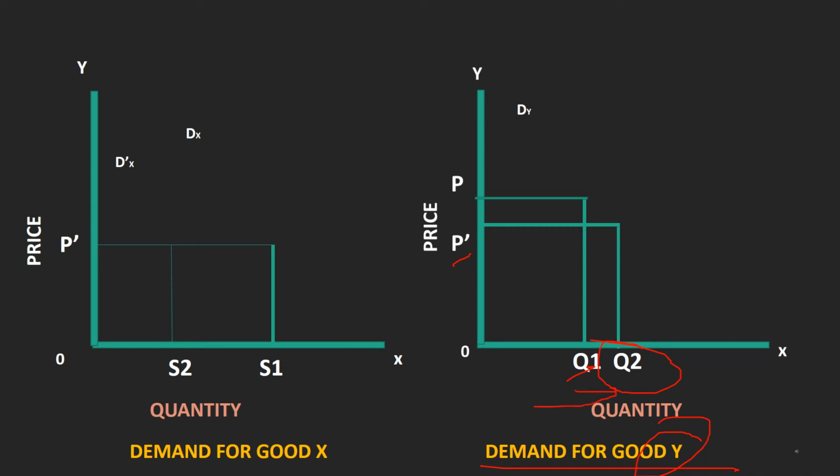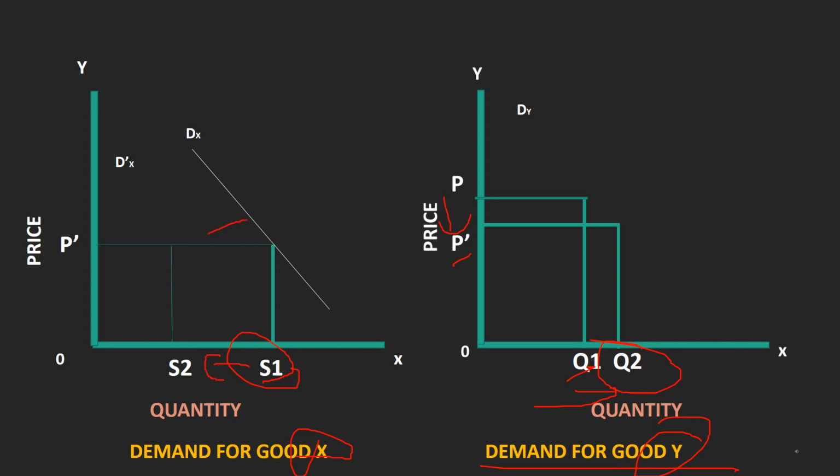But in the case of X, when the price of good Y is OP, then the quantity demanded of X is OS1. So this is our demand curve for X when the price of Y is OP. When the price falls from OP to OP dash, demand for X falls from S1 to S2.